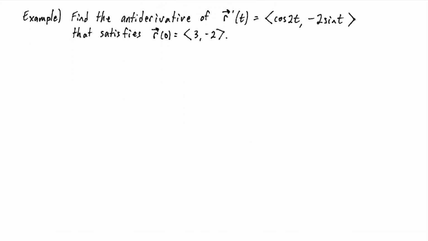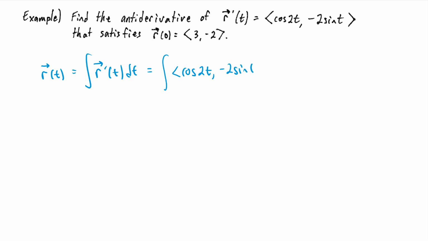So for this one, let's find the antiderivative of this vector valued function that satisfies this initial condition. So if I want r itself, I would just simply do the antiderivative of r prime with respect to t, using component form. So let's see, what would that turn out to be?